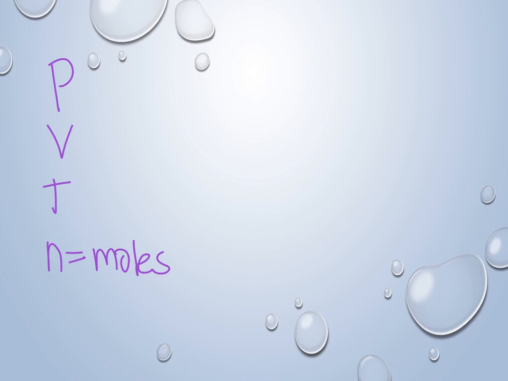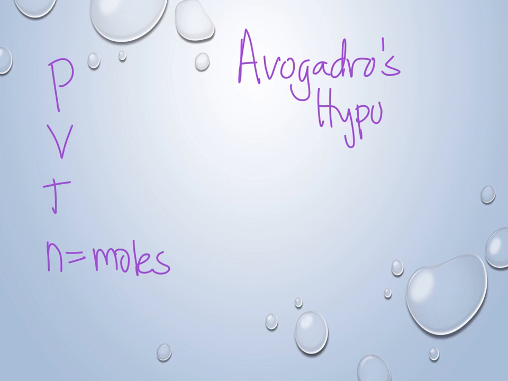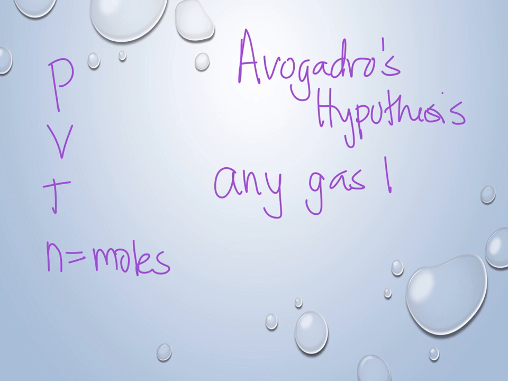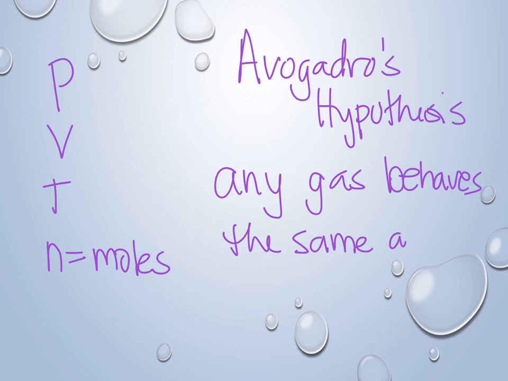So the ideal gas law is based on Avogadro's hypothesis. And Avogadro's hypothesis says that any gas will behave the same at any temperature, pressure, and volume.